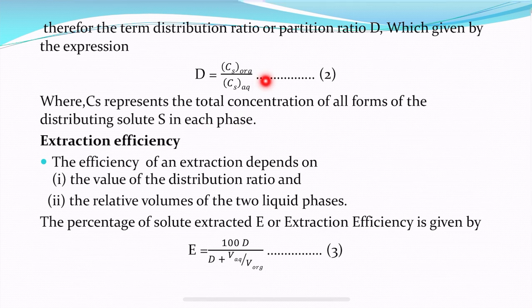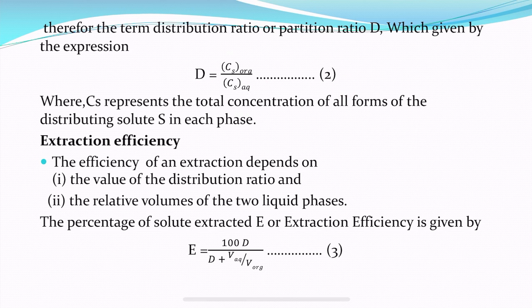Here we can observe two phases, one is the organic phase and another one is the aqueous phase. So, what is the total concentration of all the forms? That is represented with the help of the distribution ratio or partition ratio, which is called D, and this mathematical form is named as equation number 2, okay.